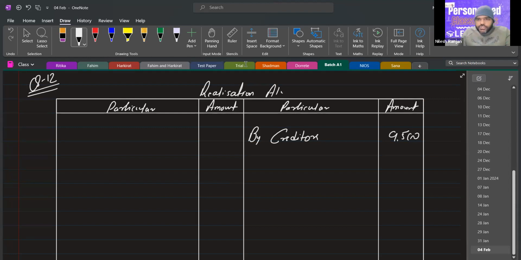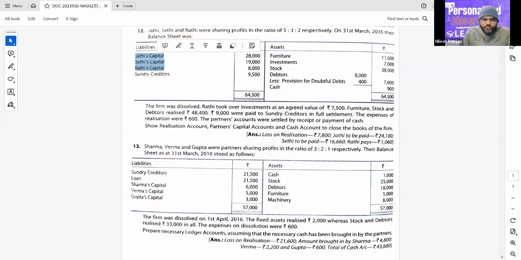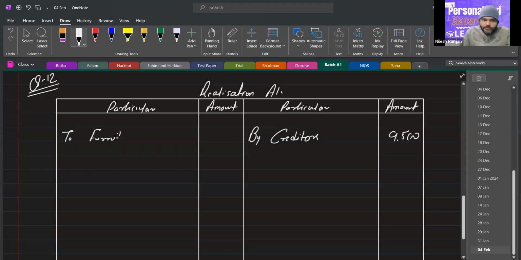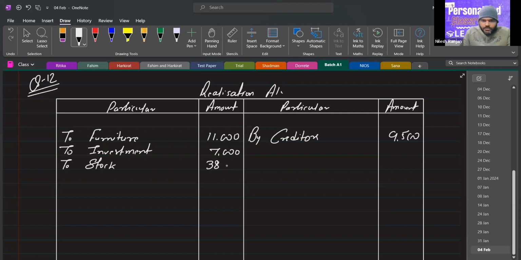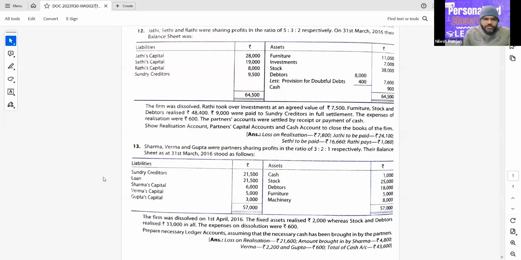After that, furniture 11,000, so to furniture 11,000. After that, investment, to investment 7,000. Stock 38,000, to stock 38,000.